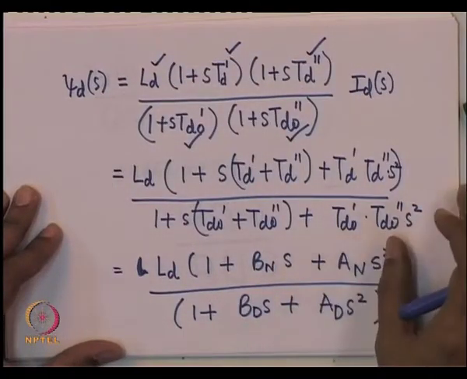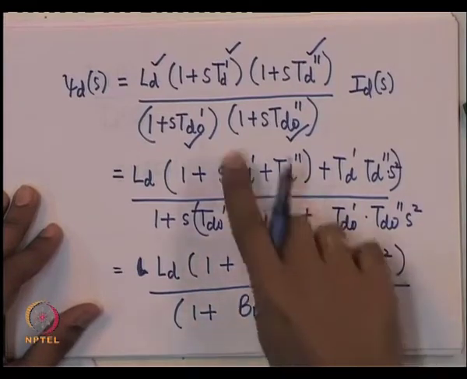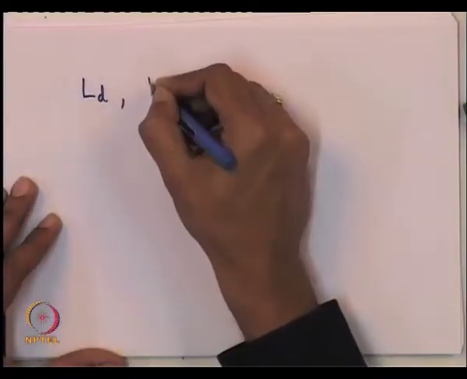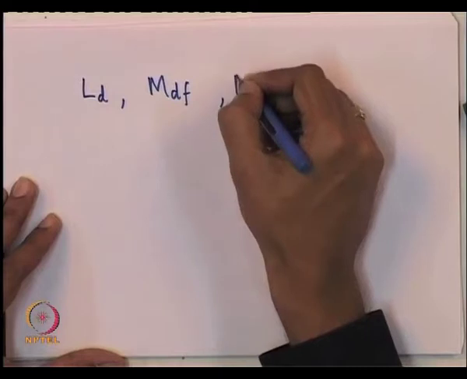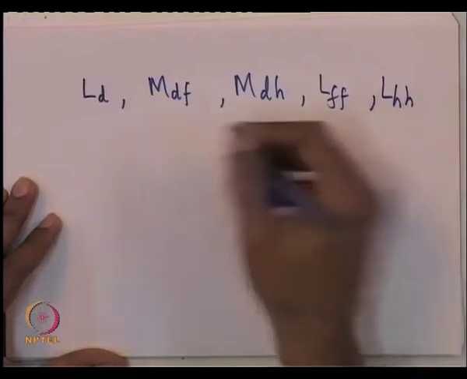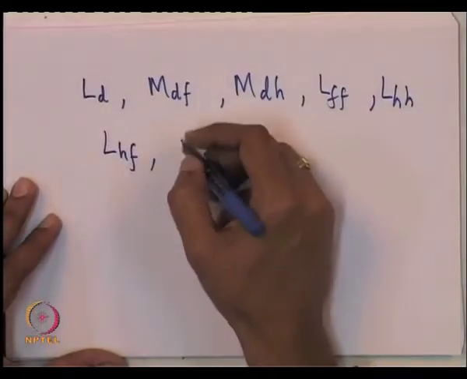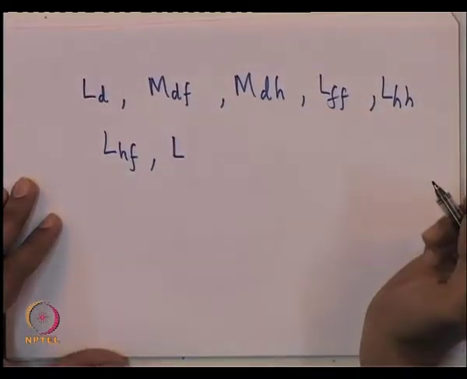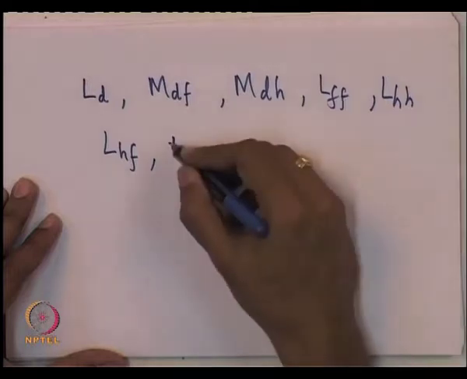Okay. Now, once you have got these time constants, can you, for example, back calculate all the parameters of the original model? For example, what were the parameters in the d axis of the original model? You have got L D, M D F, M D H, L F F, L H H, L H F, and that is it.